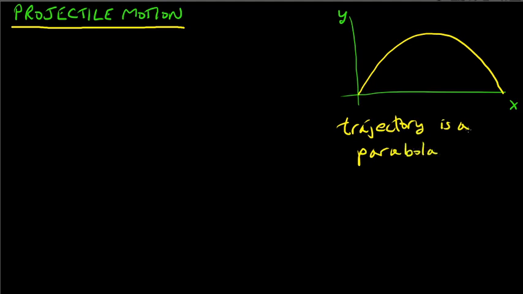Or I should say, approximately a parabola. It's not exactly, but it's close. Or, put another way, if there was no air, then the trajectory would be approximately a parabola, but a very good approximation.